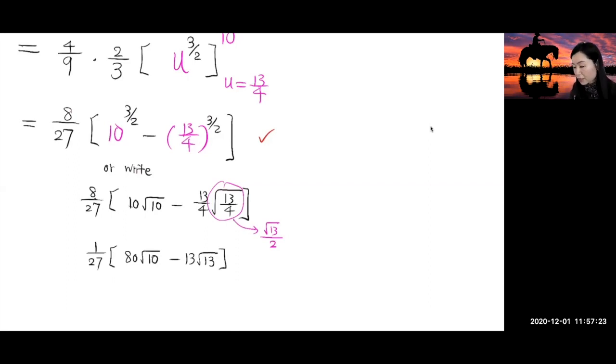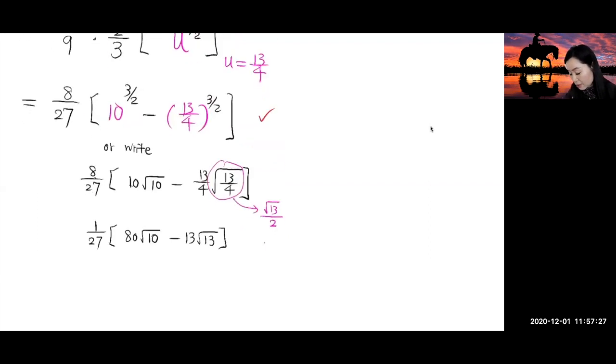So I think they should accept all of these answers. All of them are okay. Those are called exact answers. If they ask you for an exact answer, don't use approximation. Keep those roots and those powers like this.